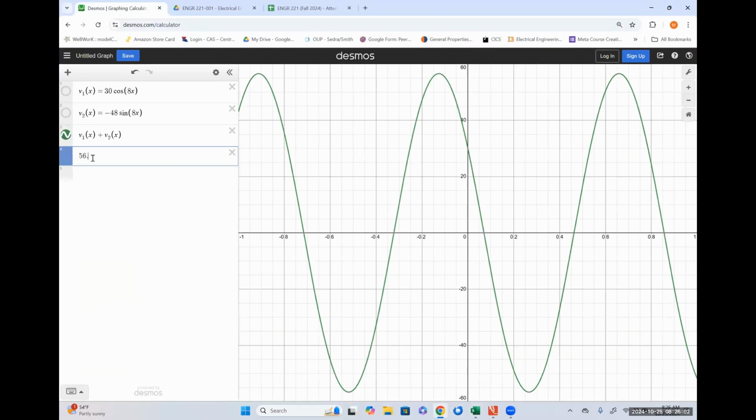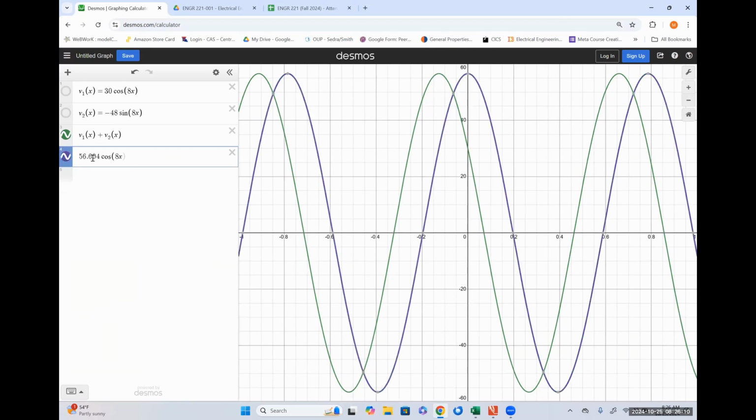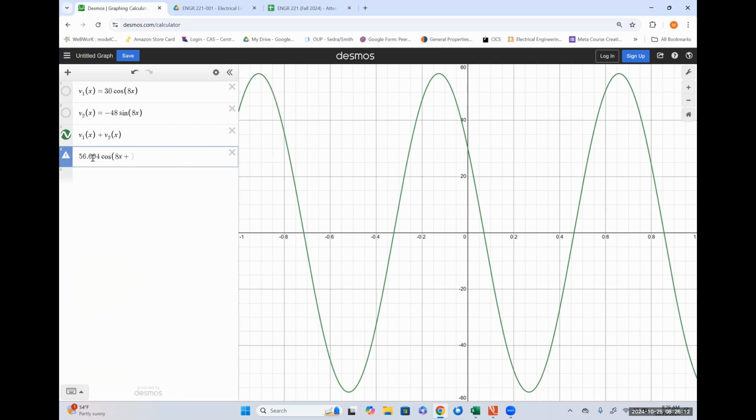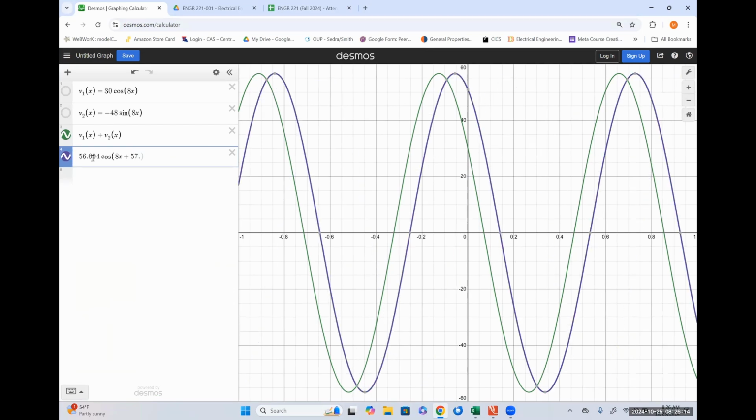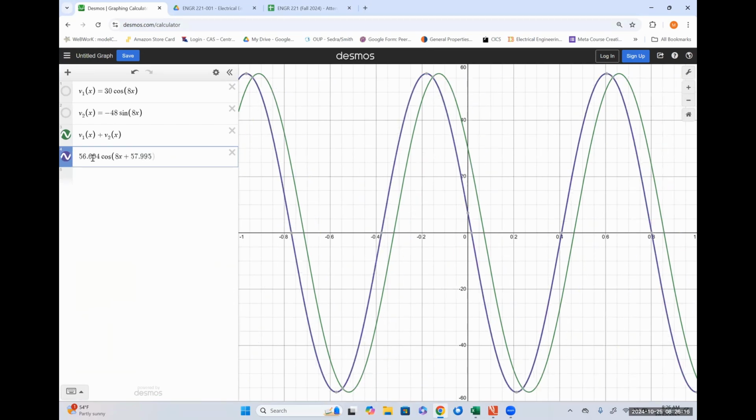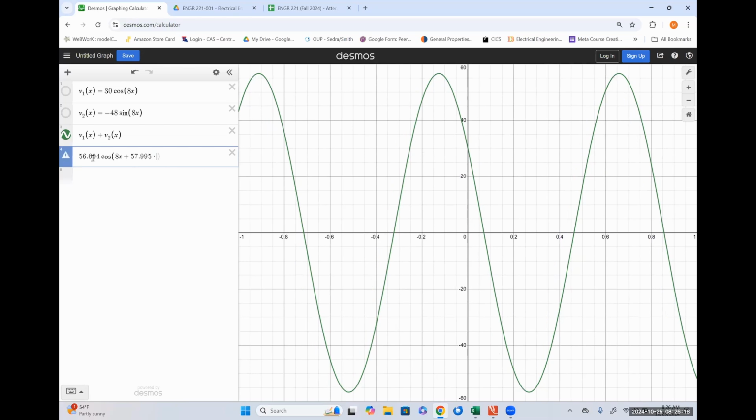So 56.604 cosine 8x plus 57.995. And then I need to make sure that I have this as a radian angle, so pi over 180 gives me this purple curve.